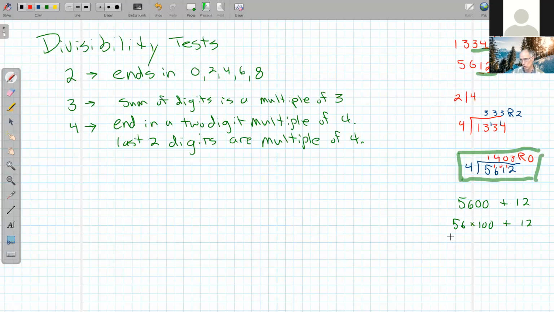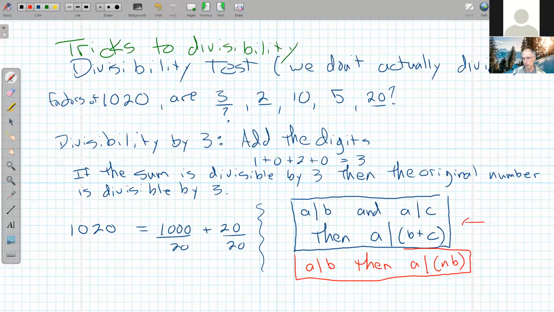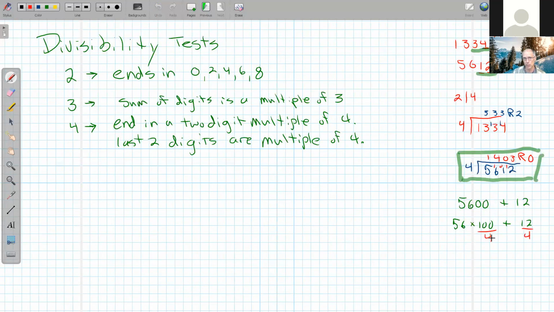And I know that 4 goes into 100 because it's 4 times 25. I just happen to know that. And most of you probably know that too. And 4 goes into 12, so that means 4 goes into the whole thing because the 4 has been divided out here and divided out there in that part of the sum. So I'm using these 2 generic rules to make a new rule.